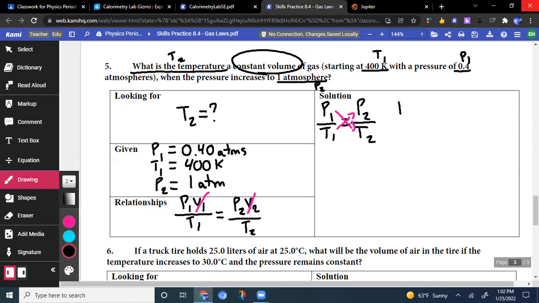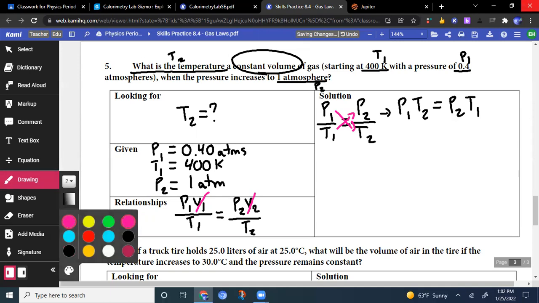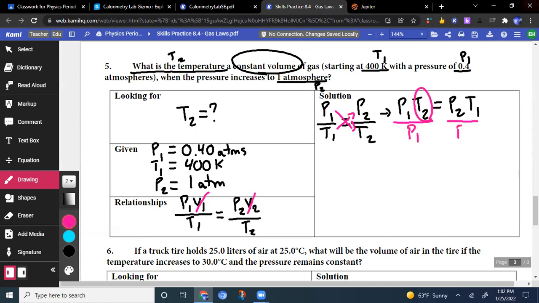And this becomes P1 times T2. And that's equal to the other cross product of P2 times T1. And again, it doesn't matter the order in which you write those. You're looking for T2, so to accomplish that, we need to divide away P1.